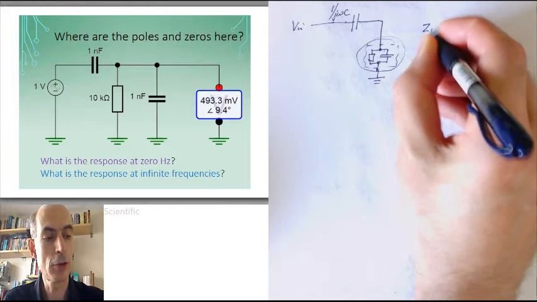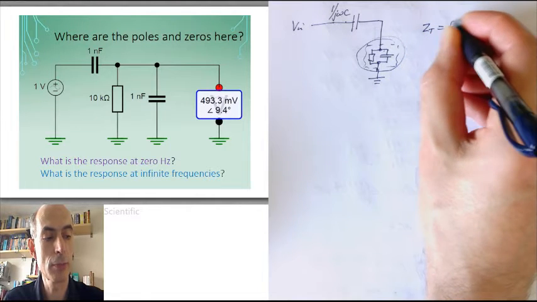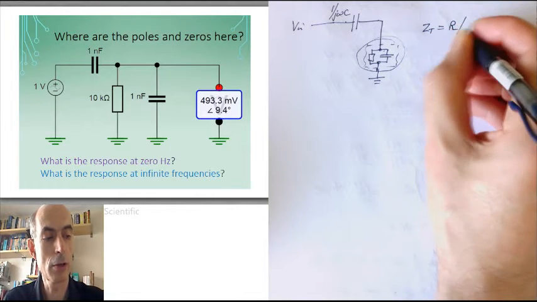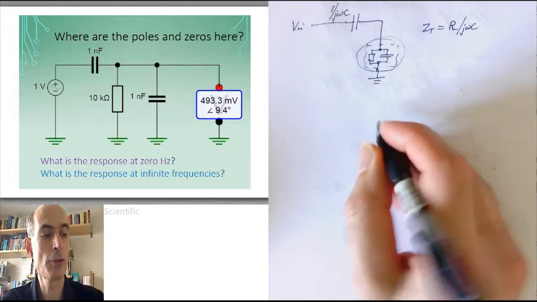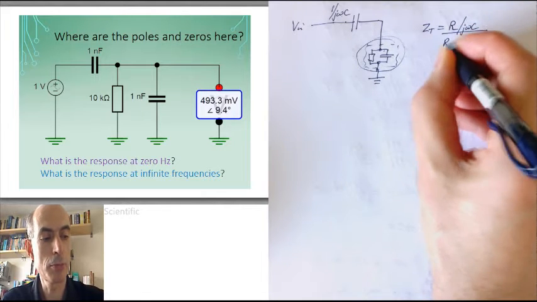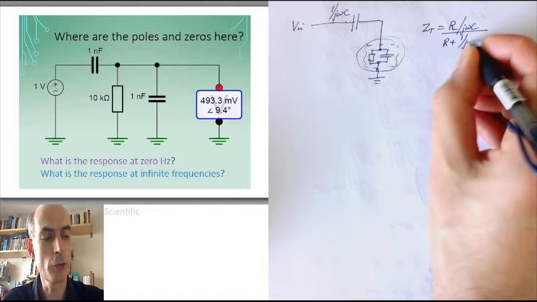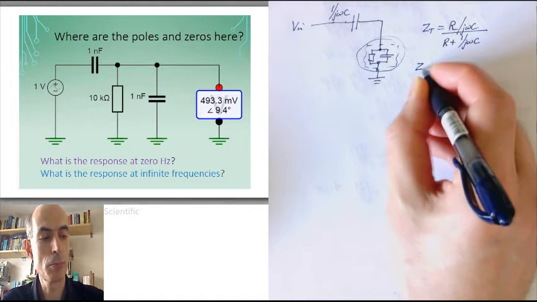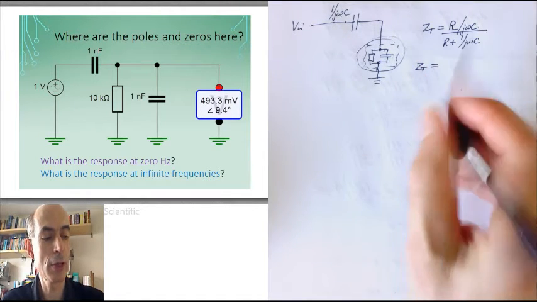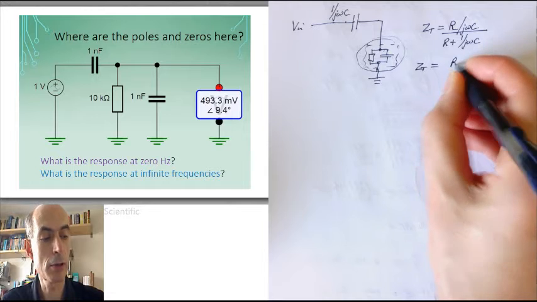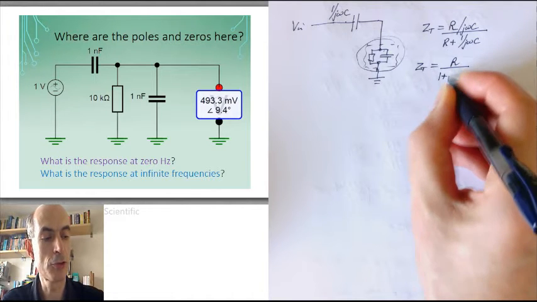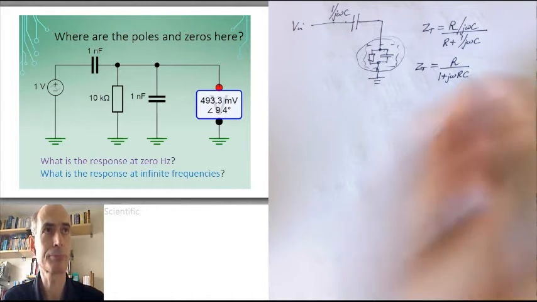That is, Z total equals the product of the impedances, R over j omega c in this case, divided by the sum of the impedances, R plus 1 over j omega c. So multiply top and bottom by j omega c, that just gives me R over 1 plus j omega rc.